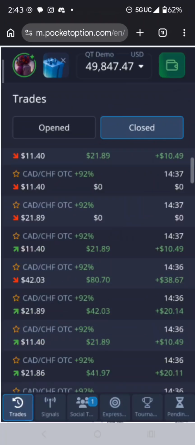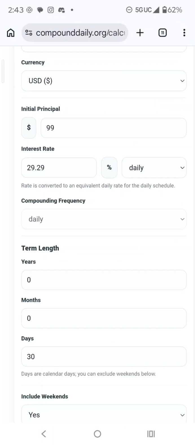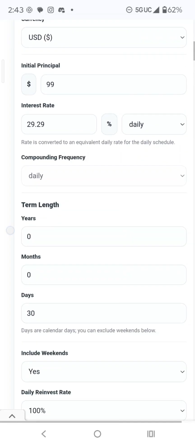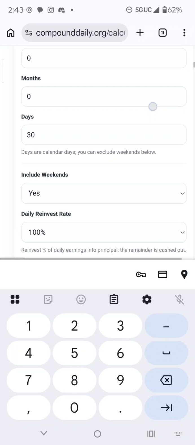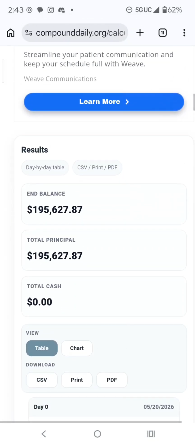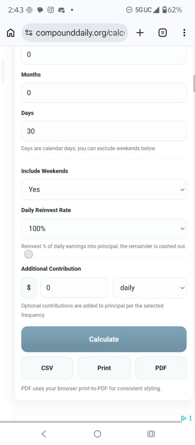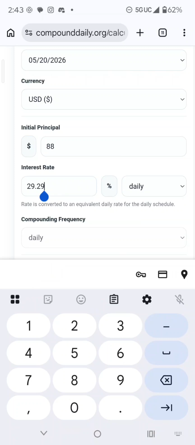But again, if we were going to do 200K in a month off the 99 or off the 88, all we need is 29%. And what is that? That's a 2-win ladder and one more win.